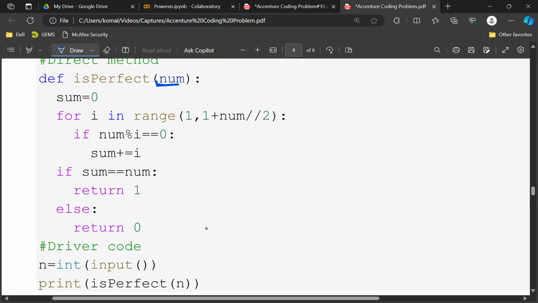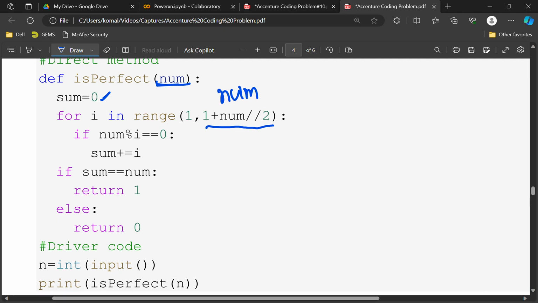Sum is initially set to 0. Then for i in range 1 to num divided by 2. Some people will consider it up to num, but that is unnecessary. Why? For example, if you take 6, what is the highest number other than 6 that will divide 6? 3.